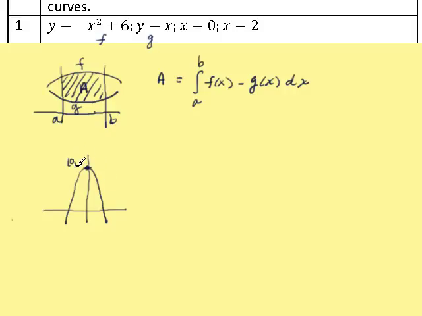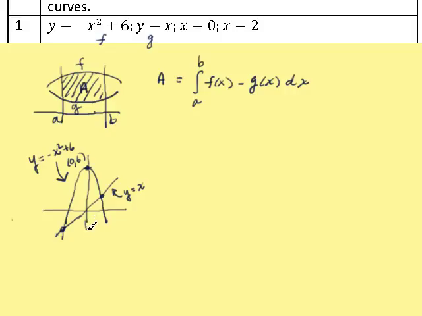Here's the point 0, 6, and this is y equals minus x squared plus 6. And y equals x is a straight line, slope 1. So this is y equals x. If you have a little bit of knowledge of the graph, you can see that we have two intersection points, which we'll find in a minute.